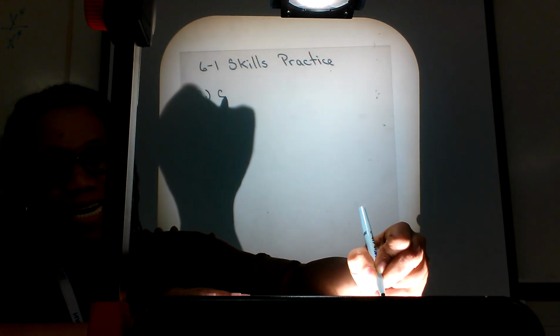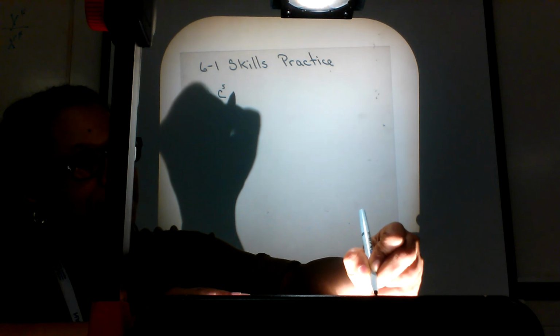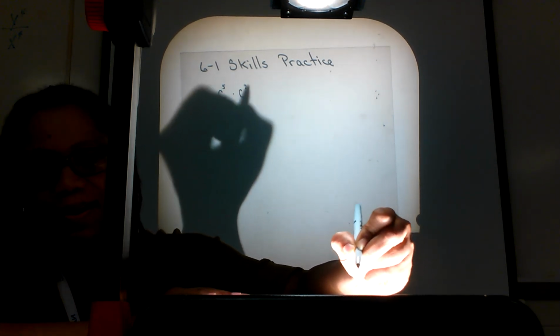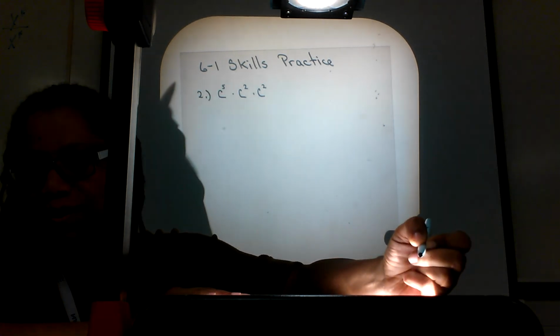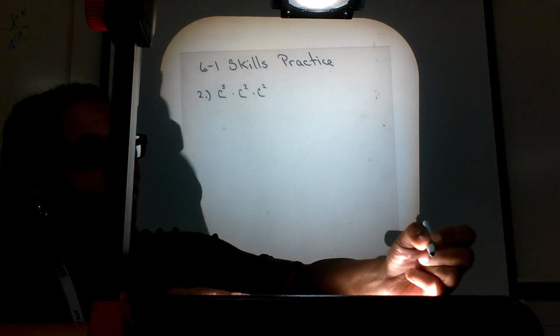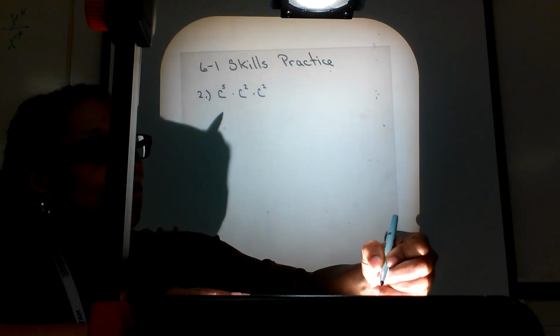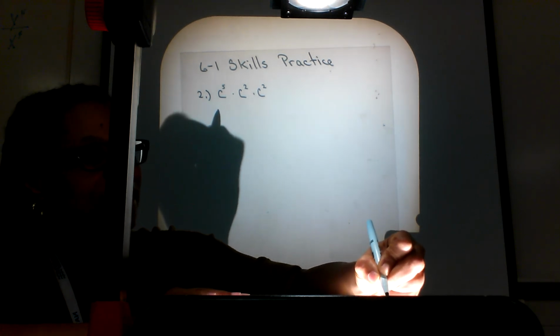We have c raised to the 5th power times c to the 2nd power times c to the 2nd power. Now, how do we do this problem? You add the exponents. Exactly. Just that simple.